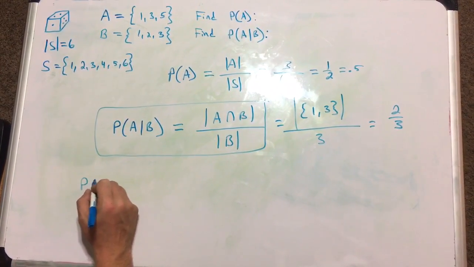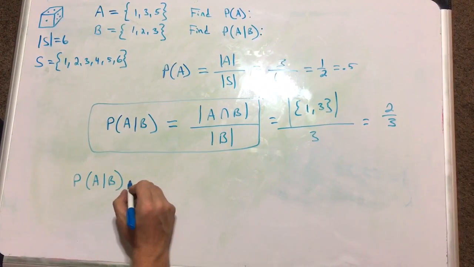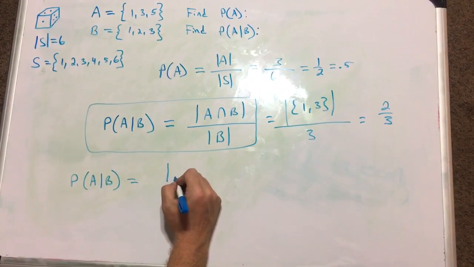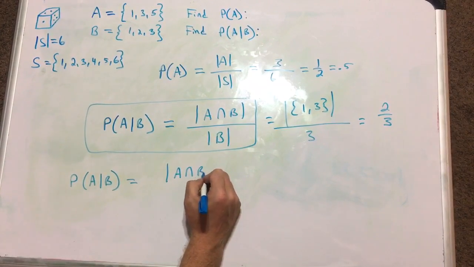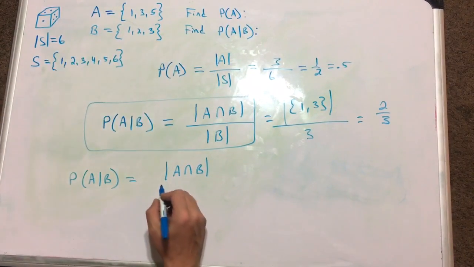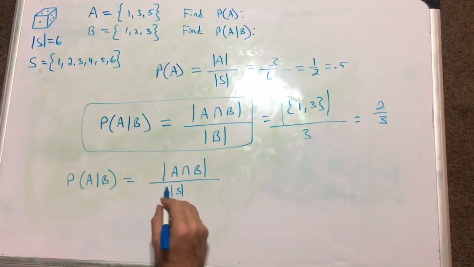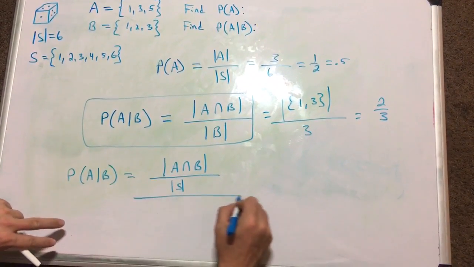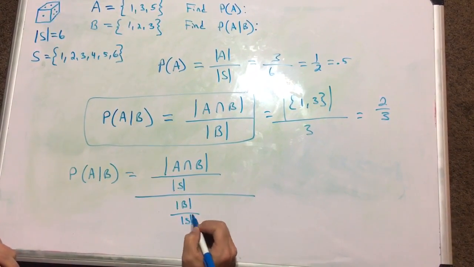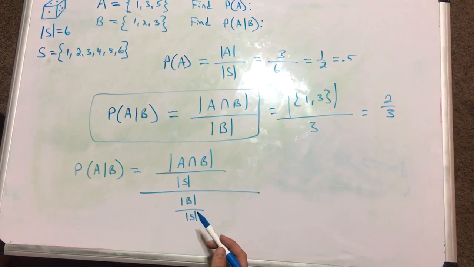We have P of A such that B has occurred, you're going to hear these terms, is equal to, and I'm going to write it out in this form: the cardinality of A intersect B, just the numerator portion of it, divided by the cardinality of our sample space S, all divided by, now let's take the denominator, the cardinality of B divided by S. So in other words, I just divided the top and bottom by the cardinality of the sample space S, which doesn't change the equation.